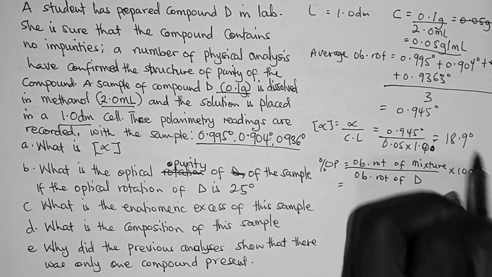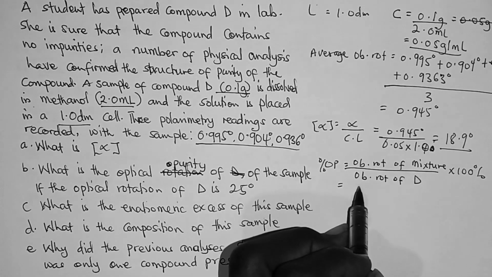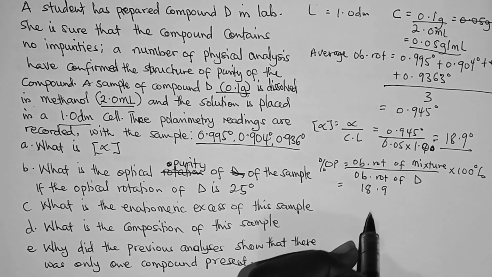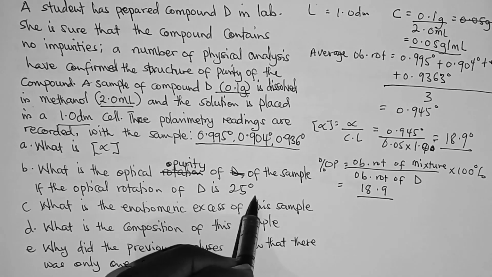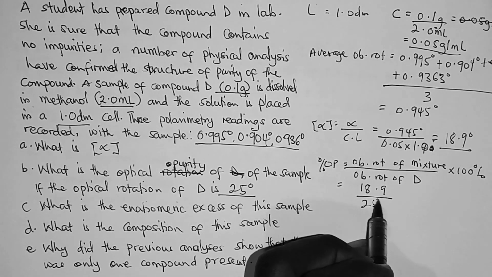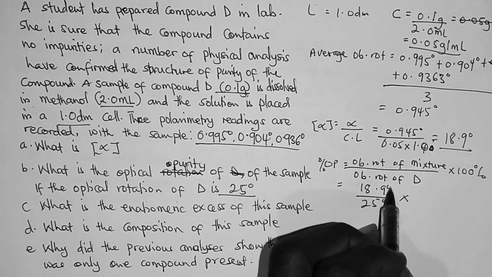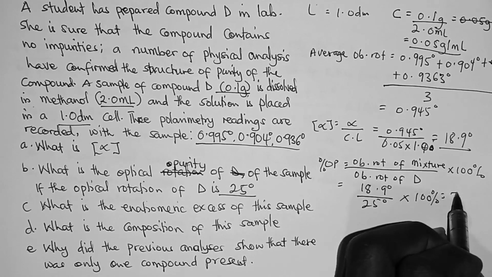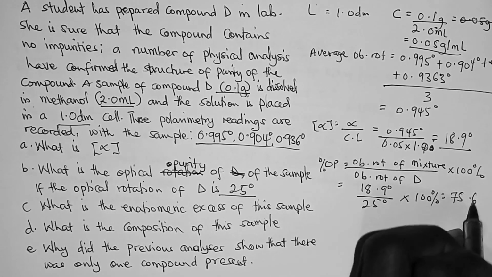And this is equal to the rotation of the mixture that we got earlier, 18.9 degrees, divided by the rotation of D, which is given as 25 degrees, times 100%. And this is equal to 75.6%.